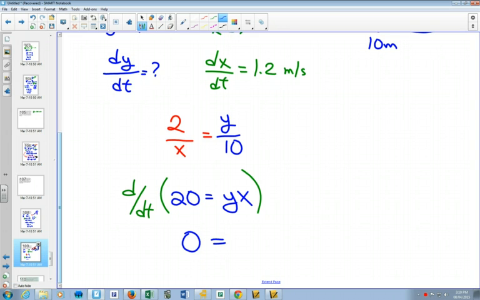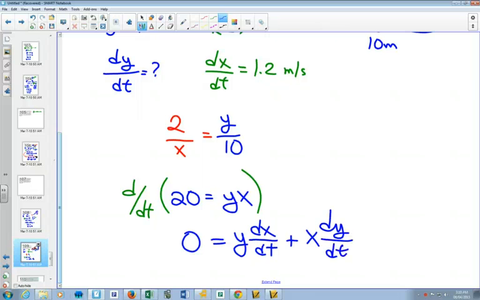Product rule with implicit differentiation. So we do derivative of one, keep the other one the same. So if I keep y the same, derivative of x is just dx/dt. Plus now I'm going to keep x the same, derivative of y is dy/dt.